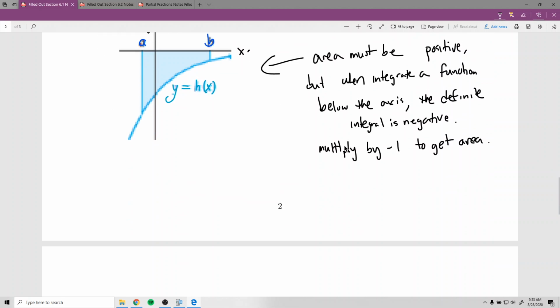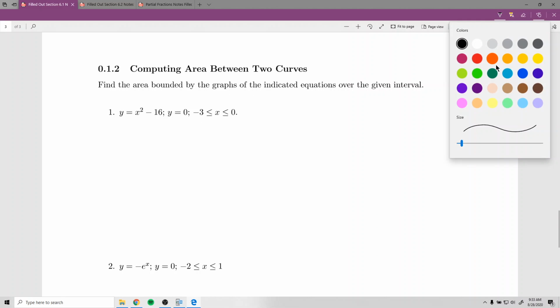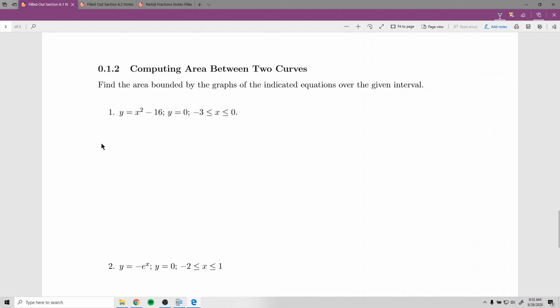I think it's best now to go ahead and work some problems. So number 1 here, the directions for these two problems: find the area bounded by the graphs of the indicated equations over the given interval. What will happen in all these problems, at minimum, is you will be given two functions. What we need to do is figure out which one is on top and which one is on bottom.